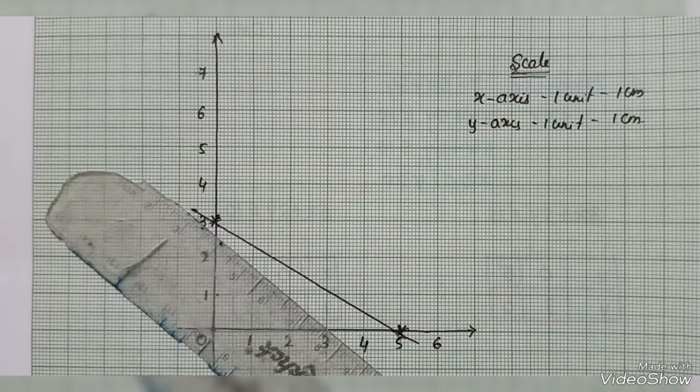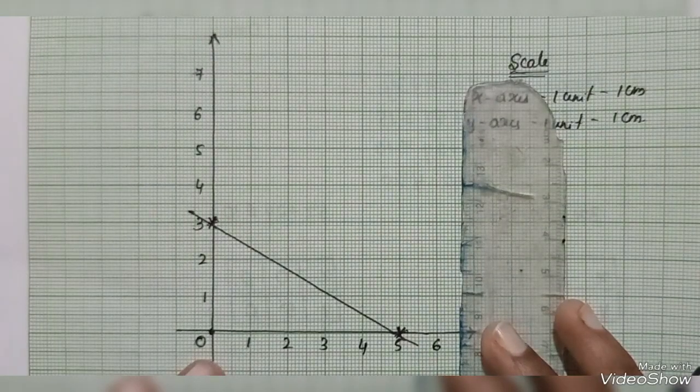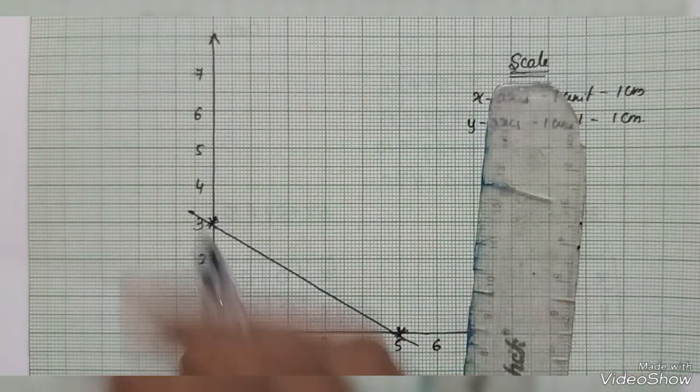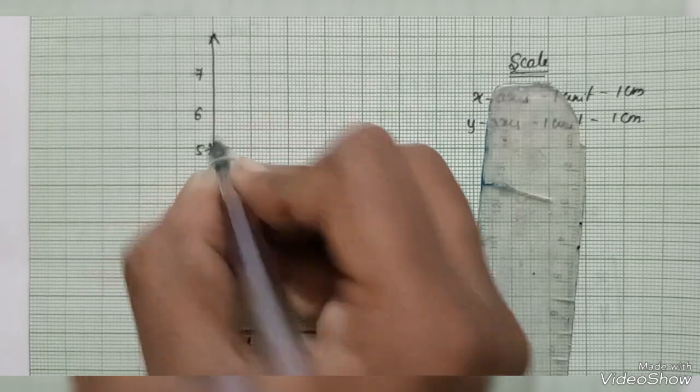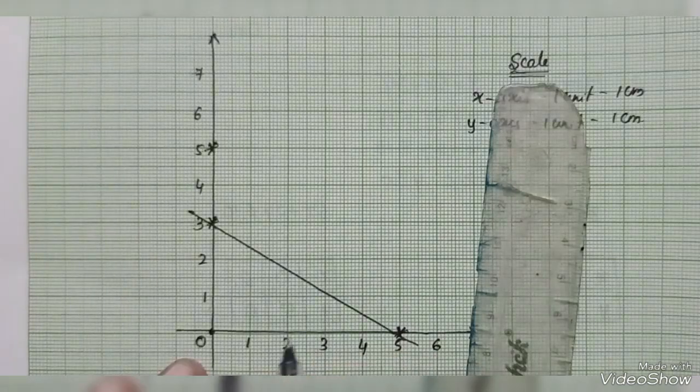Again for the other graph, taking x equals 0, y equals 5, and y equals 0, x equals 2.